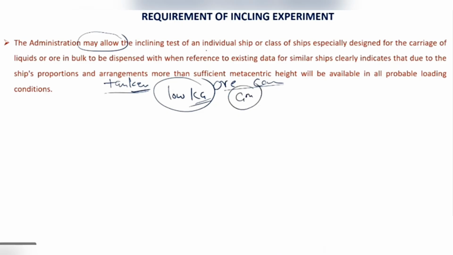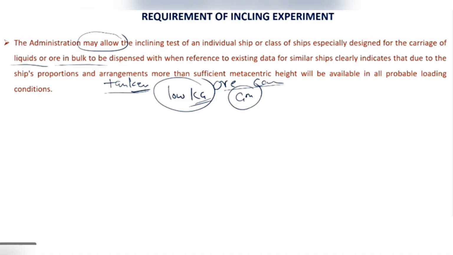So for such ships or classes of ships like tankers or ore carriers, the administration can allow the owner or the yard to use any other method of estimating the KG. Because what is the administration's interest in saying that the KG must be determined through an inclining experiment? The interest is from safety, it's not from anything else. Because KG will lead to GM and KG will lead to the GZ curve, so the KG of the vessel should be correctly evaluated.